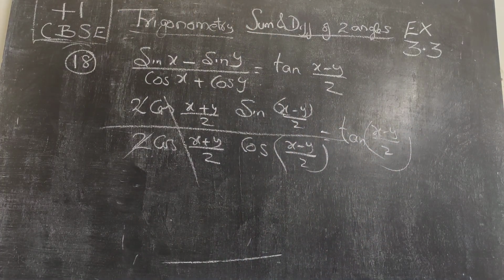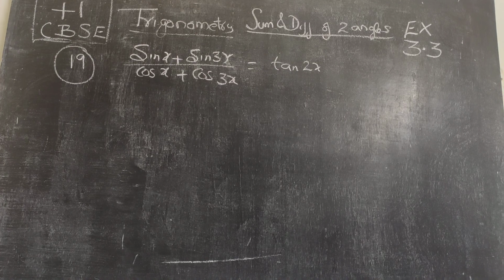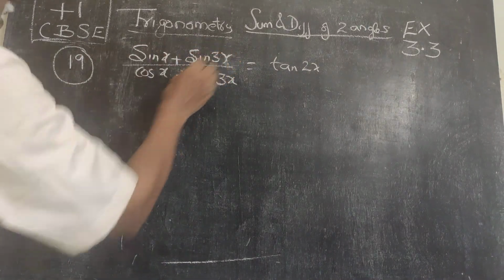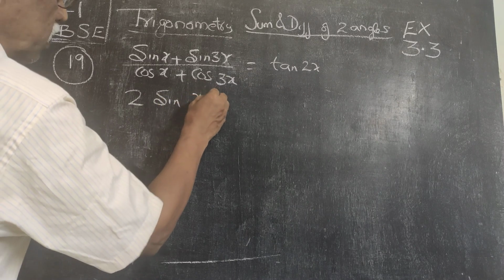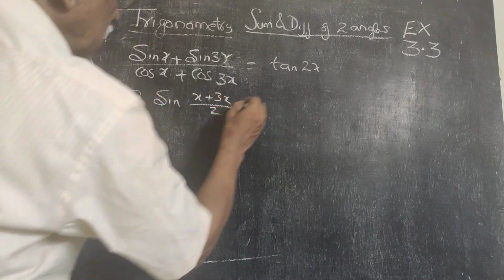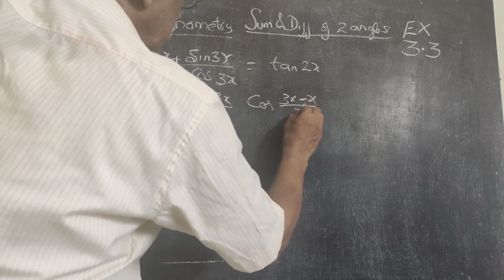Now I go for the 19th one. Sin x plus sin 3x divided by cos x plus cos 3x. Same thing, sin x plus sin y is equal to 2 sin (C plus D) by 2, that is here (x plus 3x) by 2, and then cos, the bigger one you take preferably, so (3x minus x) by 2.